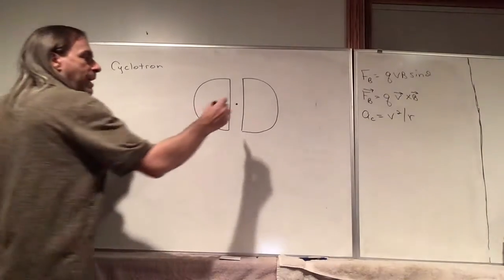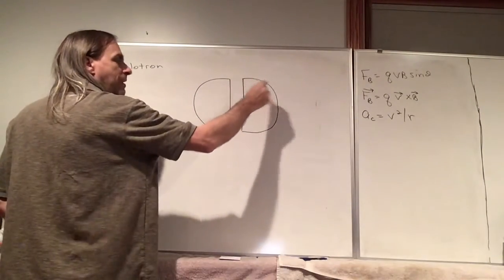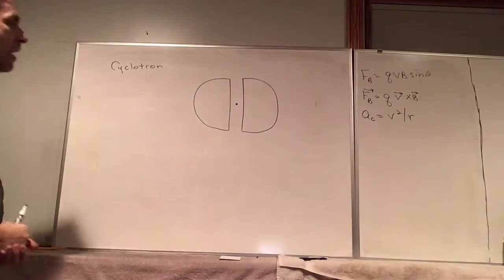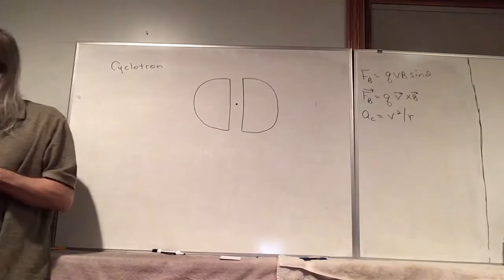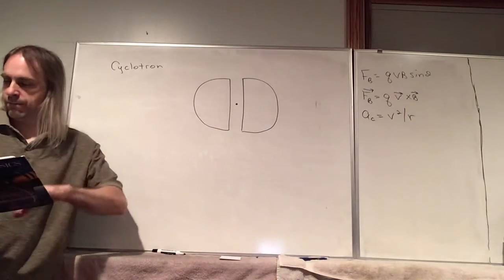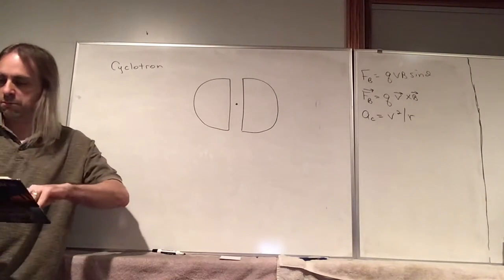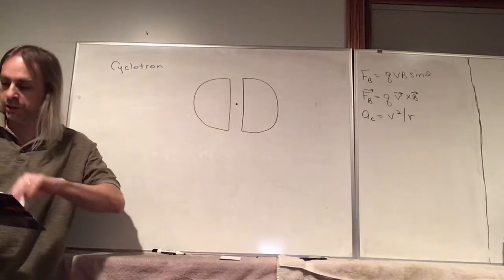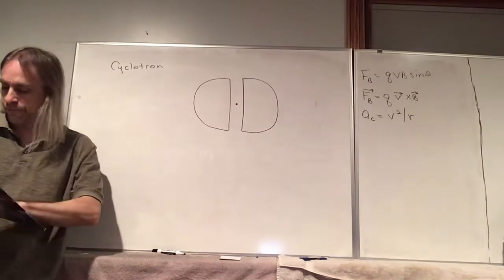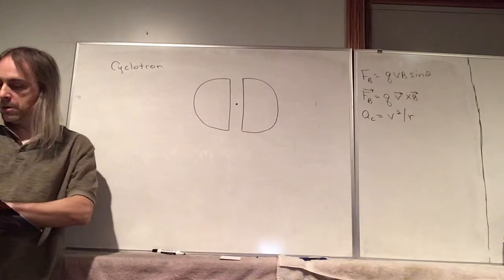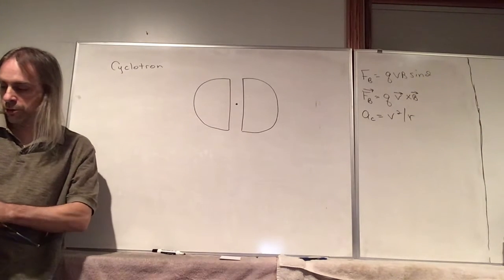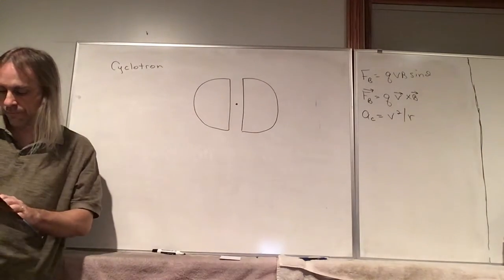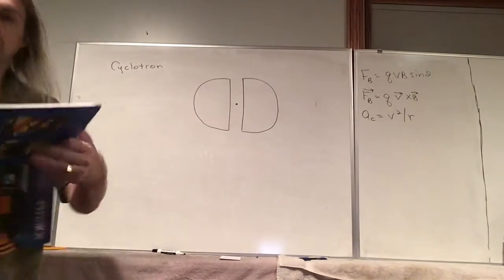Let's say we take this plate here. Say these are metal devices. They're actually three-dimensional objects. I'm just going to hold this picture up.